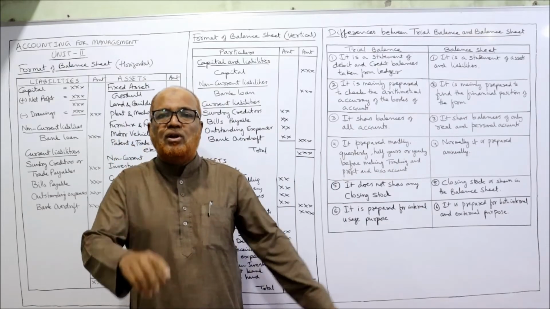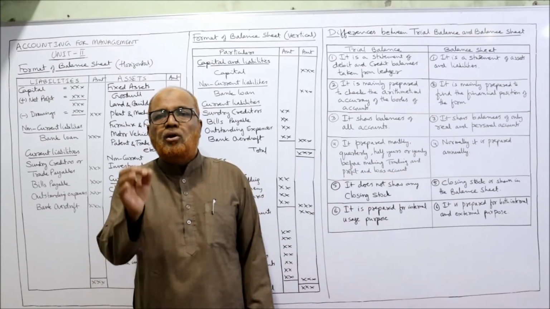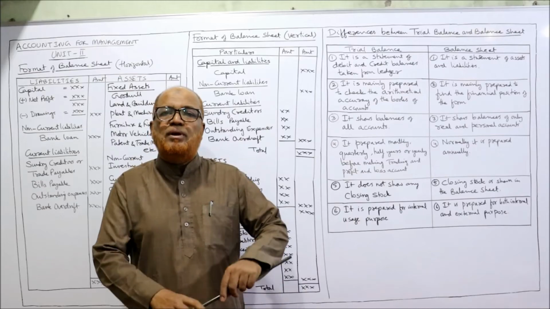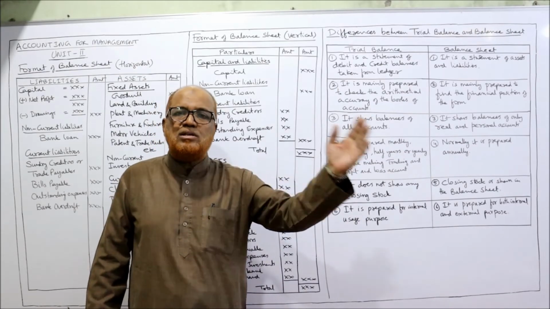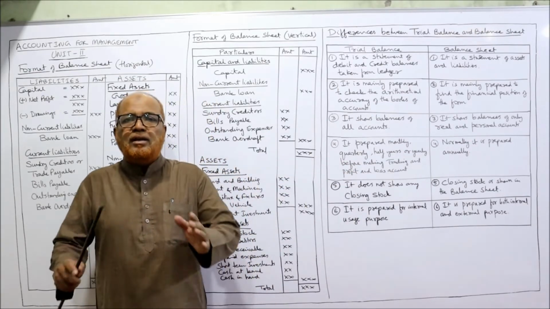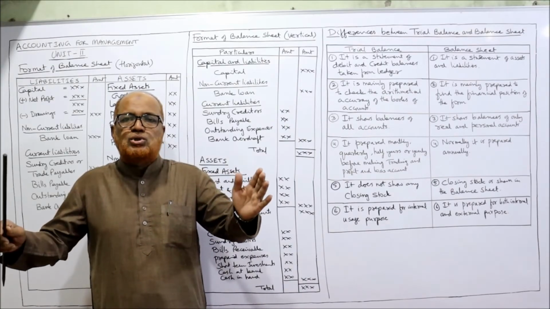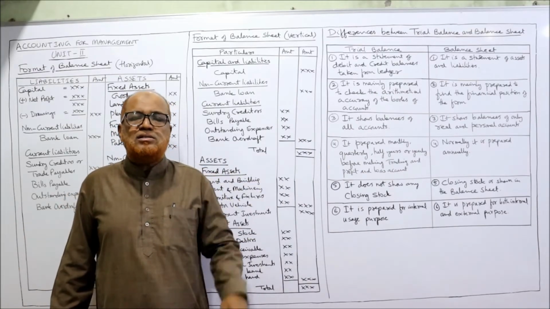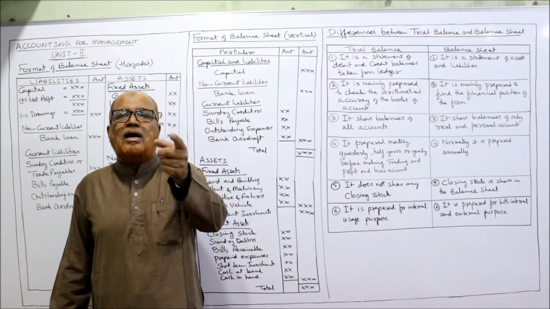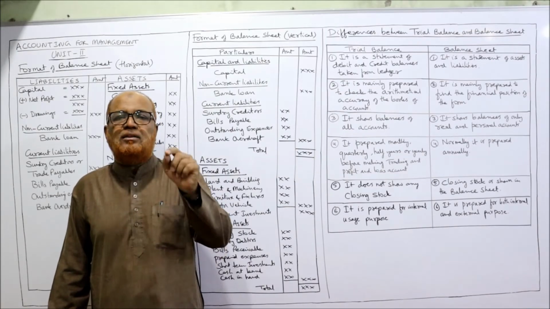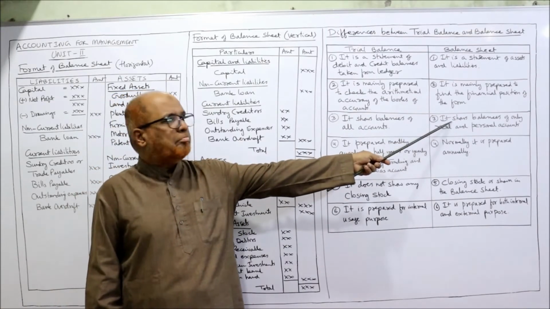Nominal account balances will not be taken in the balance sheet. Nominal account balances will be transferred to profit and loss account. The nominal accounts normally will get closed by transferring it to profit and loss account. So only real account and personal accounts are left, and those accounts will be taken in the balance sheet.